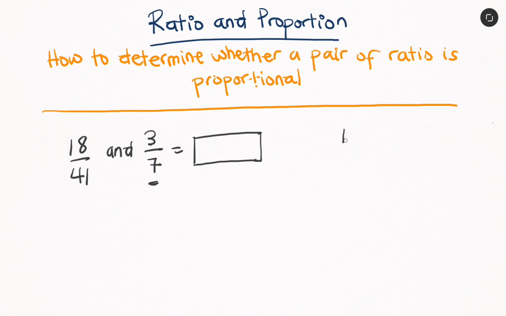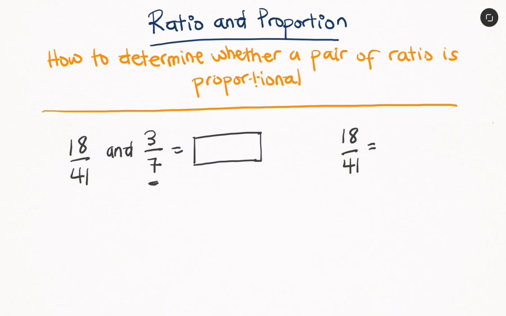But let's take the first ratio, which is 18/41, and let's think of any number that can simplify or divide them. The number has to go into them exactly without a remainder. Now if you look at the denominator over here, it is 41. It is an odd number, so 2 cannot go into it exactly without a remainder, and so therefore no other even number can go into it exactly without a remainder.